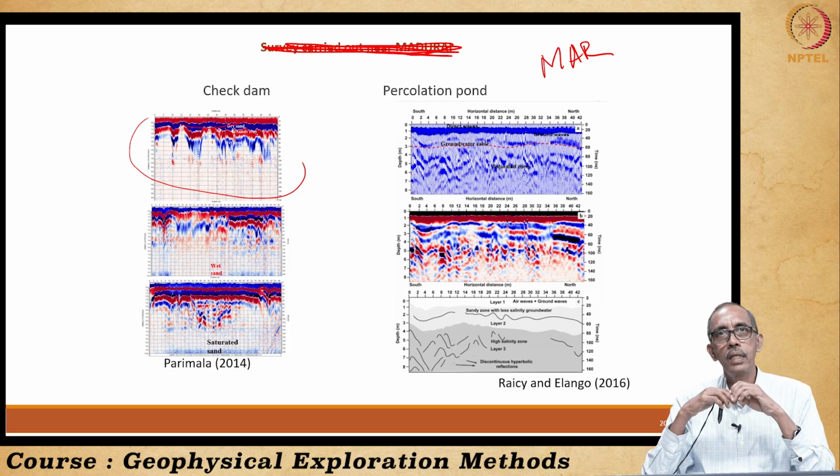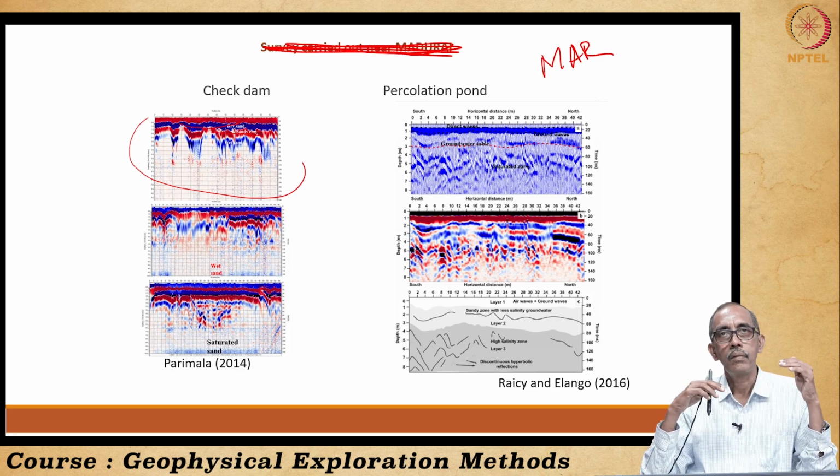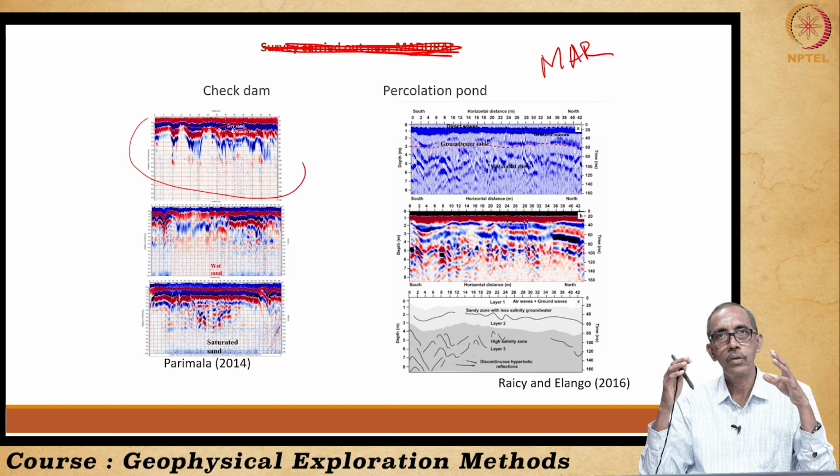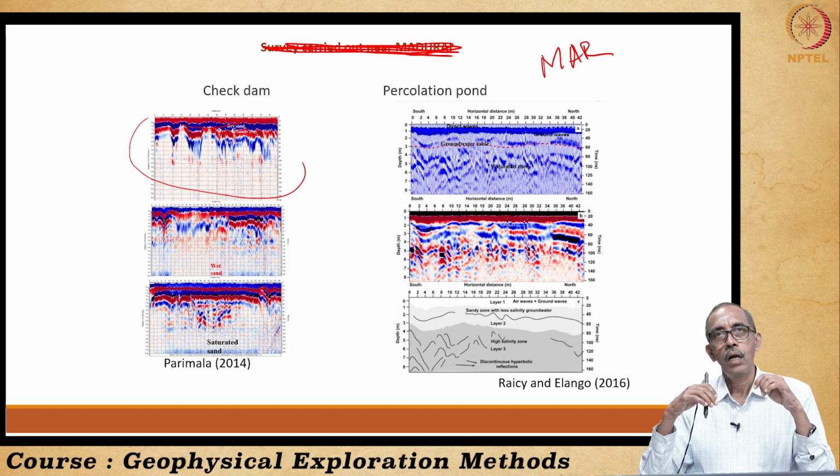In order to have the managed aquifer recharge structure, we need to have coarse sand closer to the surface, right, which will allow more water to infiltrate beneath the surface of the earth. In order to delineate the presence of layers below the surface of the earth, we have deployed the ground penetrating radar to understand the subsurface formations.